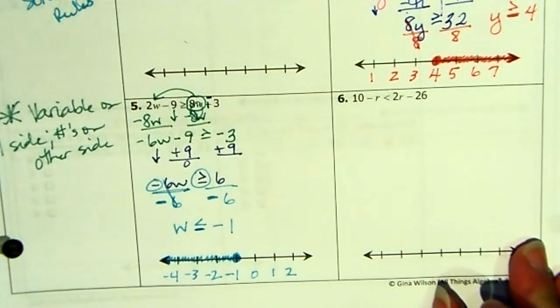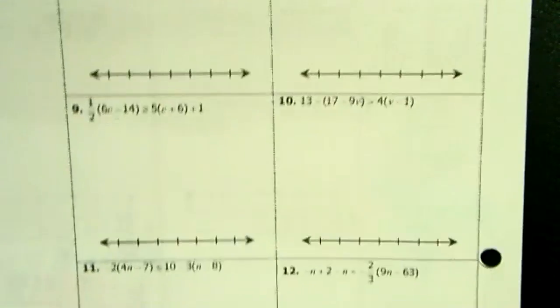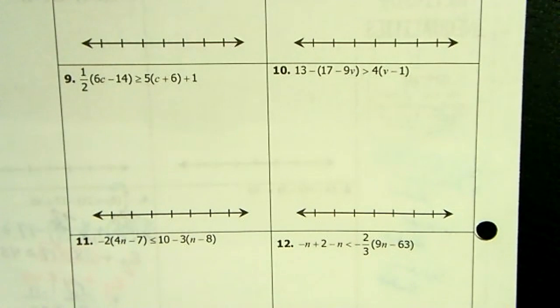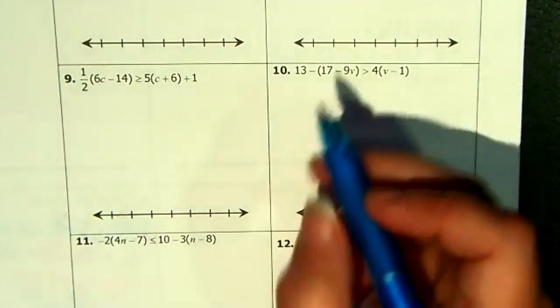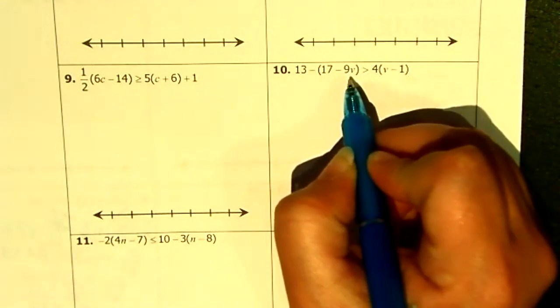All right, 2 more examples. Looking at number 10. The reason that I chose number 10 was because this is a 13 minus and then the parentheses.